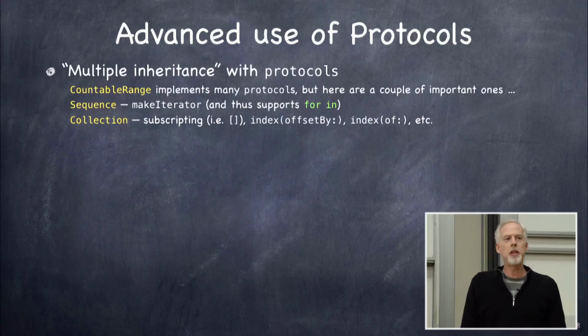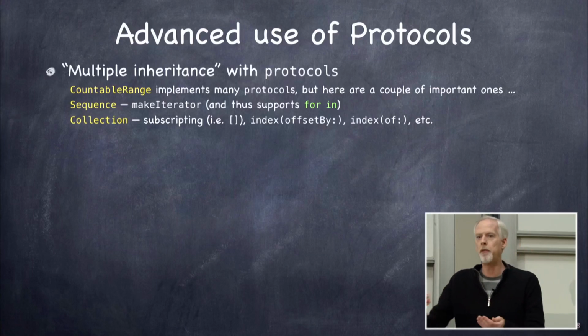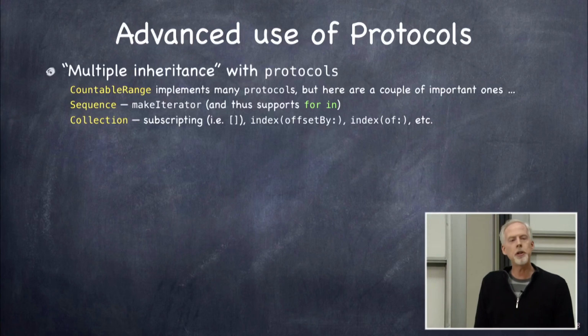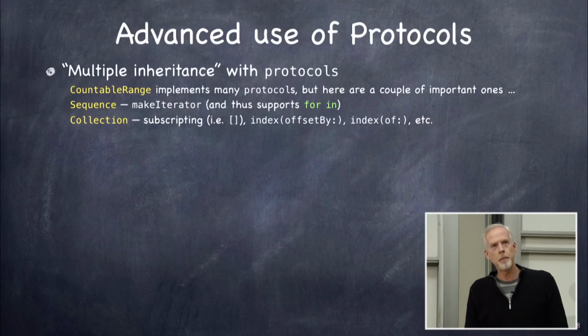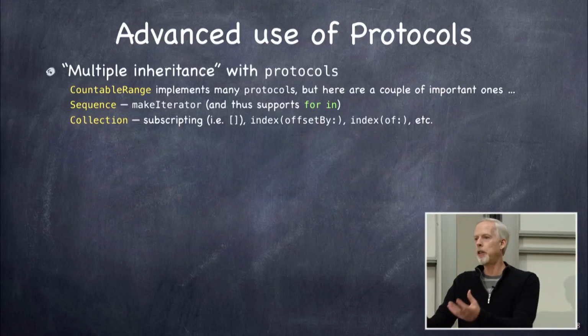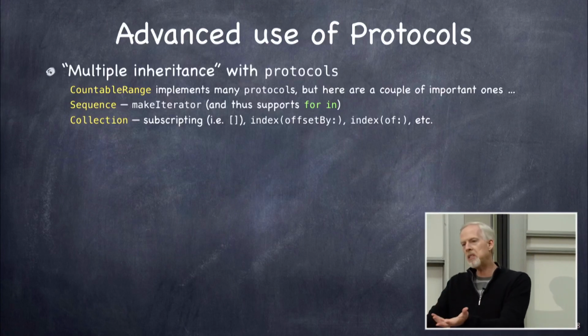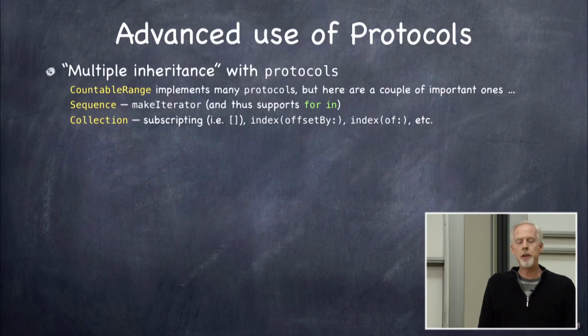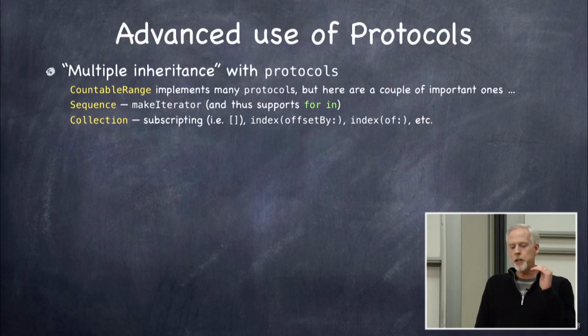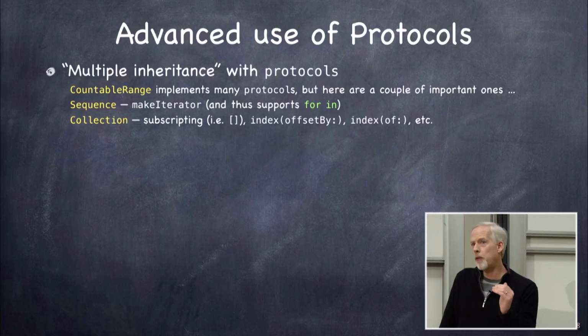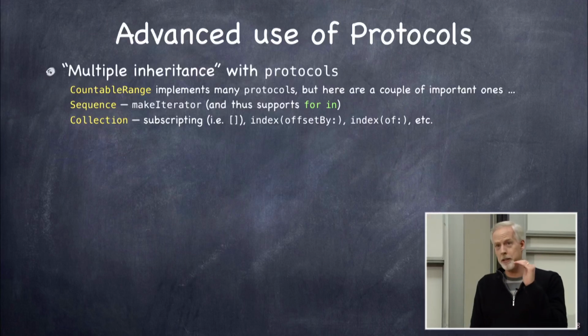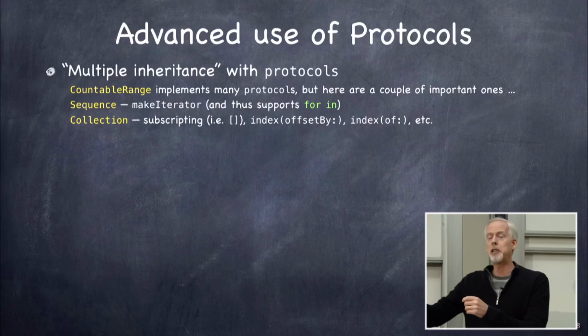Well, two of the most interesting ones it implements are sequence, which makes sense, right? A countable range is a sequence of numbers from 0 to something else. And also collection, because a countable range is also a collection of things. If it's a countable range of int, it's a collection of ints or whatever. And so these two protocols define a lot of fun things, like sequence defines really only one method, next, which goes to the next thing in the sequence.